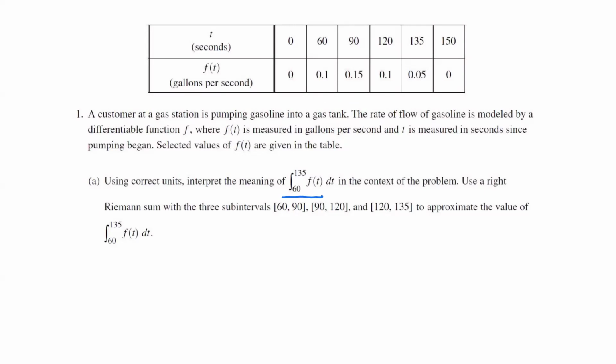The second part of the question is to use a right Riemann sum with the three subintervals 60 to 90, 90 to 120, and 120 to 135 to approximate the value of this integral.